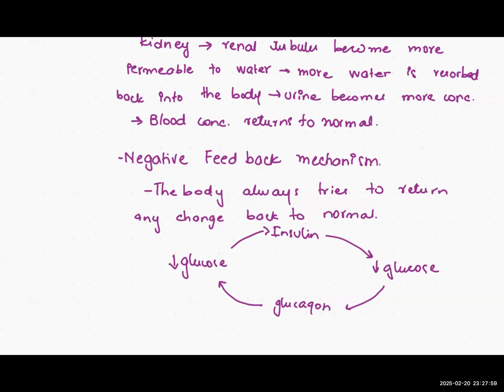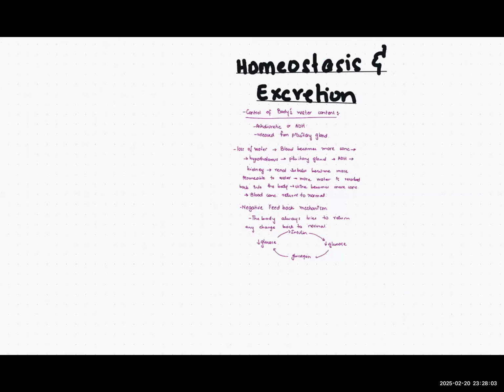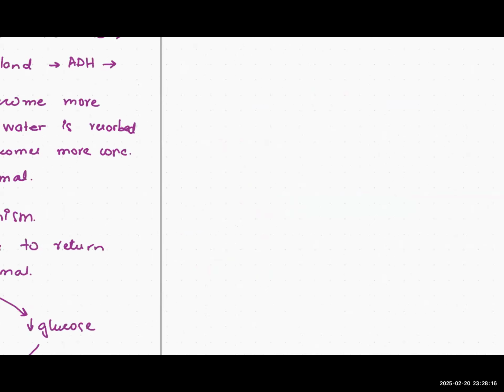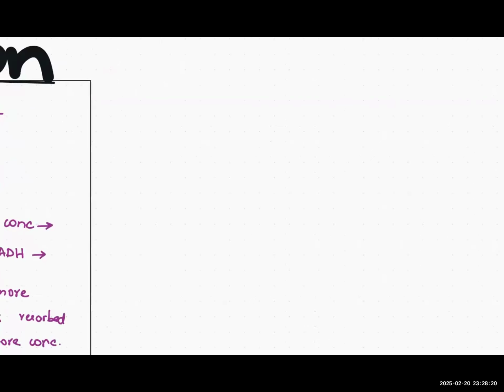Okay, so this is how the body's water content is controlled. Now, the other important part of this chapter is control of body temperature. Let's take a look at that.